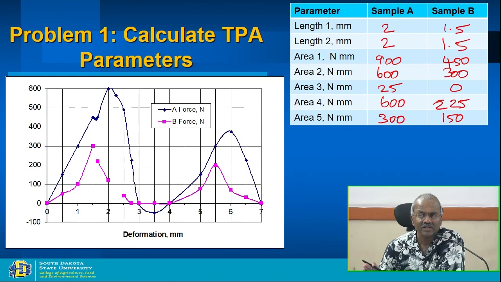Okay. Area 1 of sample B is equal to area 4 plus area 5. Oh, area 1 is, yeah. It's not adding up? Where did I make a mistake?